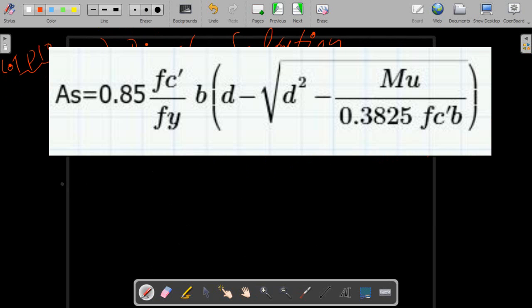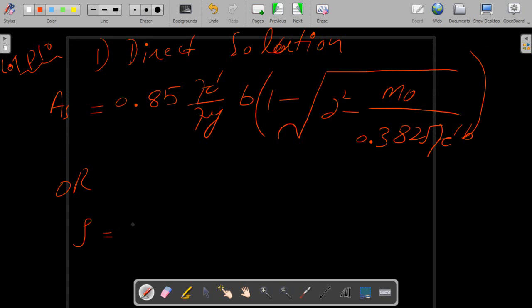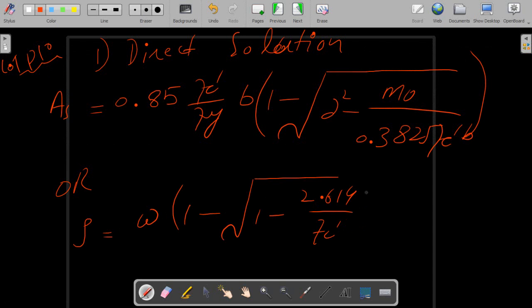We have another direct solution method in which we calculate the rho. We already derived this: rho equals omega times 1 minus under root of 1 minus 2.614 R divided by fc prime, right?